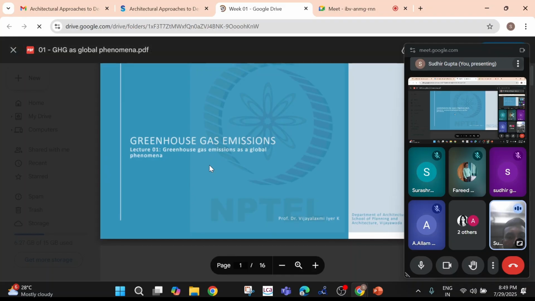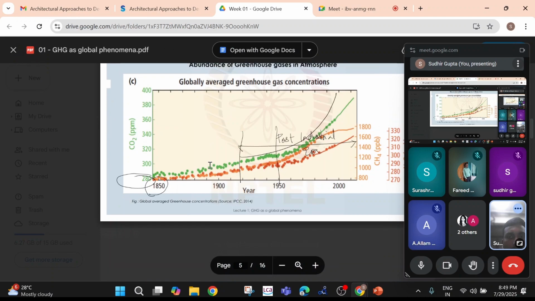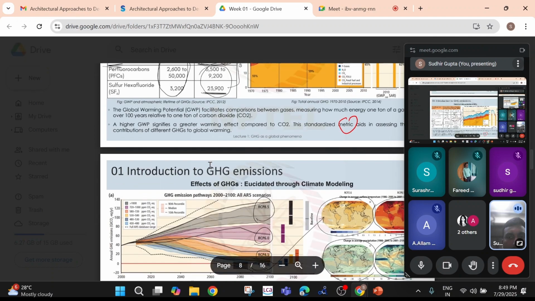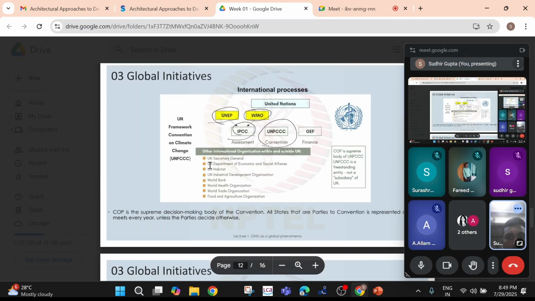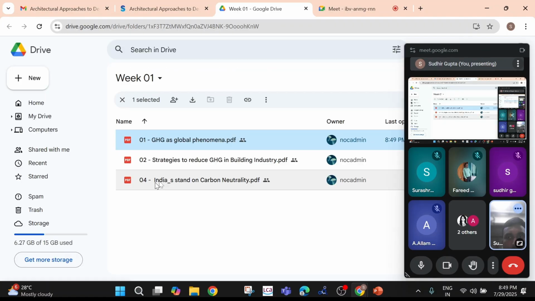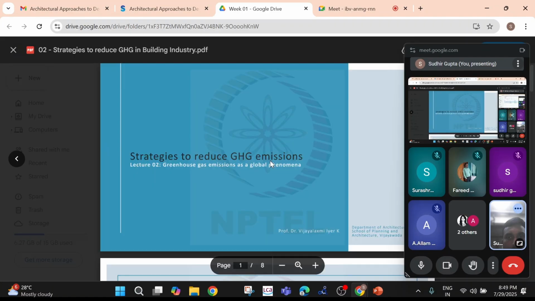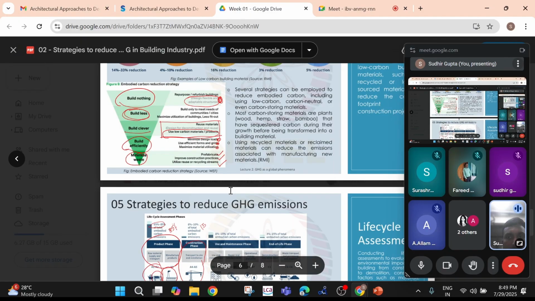From here you can see when we were discussing different strategies in the lecture, and the best one to reduce greenhouse gas emissions from buildings, you will find it here in lecture 2 and slide number 6.